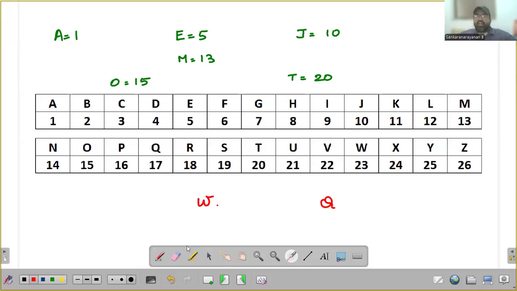So like that, with the help of these 6 letters and the corresponding numbers that I have presented here, if you are able to memorize at least these 6, any other letter and its corresponding number, you will be able to take care of it, grasp it faster. Okay. One more example. If I say L, I know that J is 10, K, L. So L has to be 12. See this? L is 12.